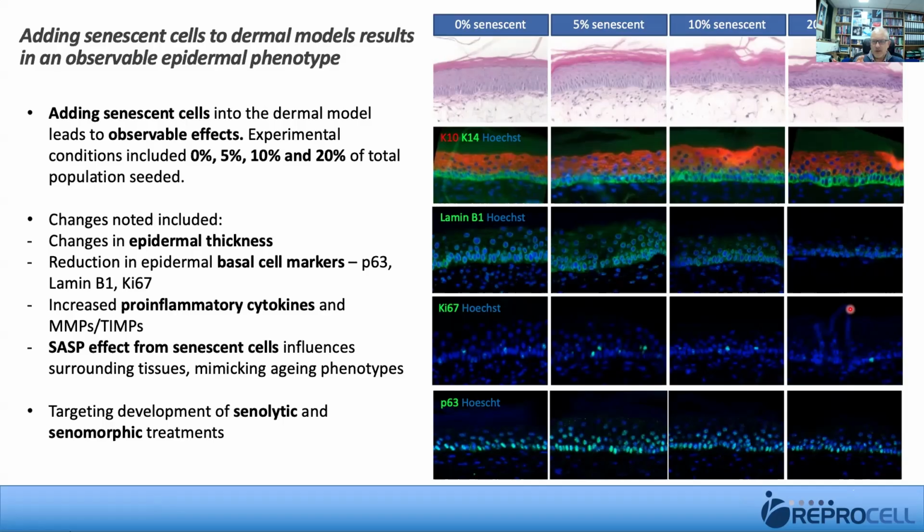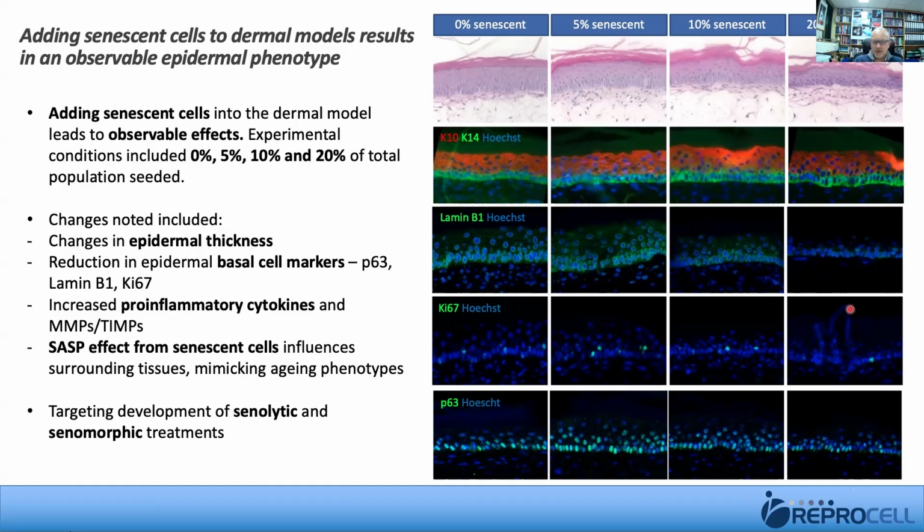We then incorporate them into the dermis at different percentages, so 0, 5, 10, and 20%. And then we can study the impact of those senescent cells on the generation of the skin model itself. And you can see thinning of the epidermis as the percentage of senescent cells increases.